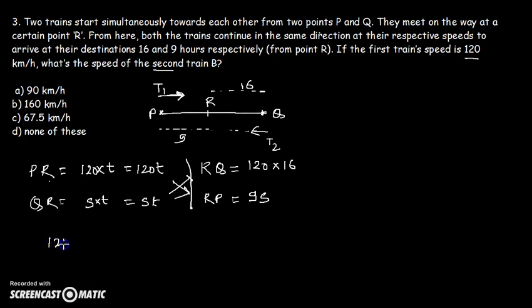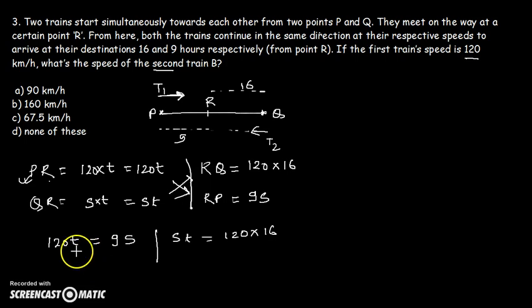So you can equate each other. 120T is equal to 9S. This is what we get from PR. And after equating RQ, we get ST is equal to 120 into 16.